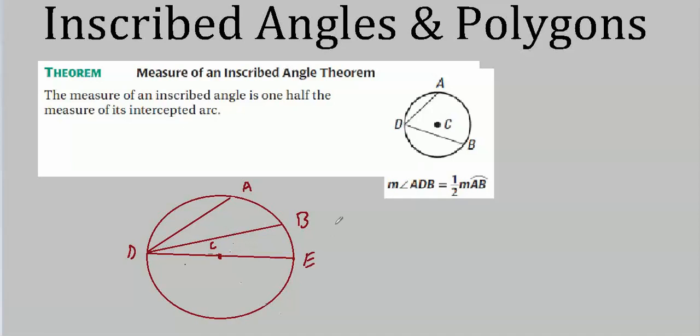Well, from the previous case, we know that ADE is 1/2 of ACE. That is the measure of the arc AE. But what is the measure of the arc AE?